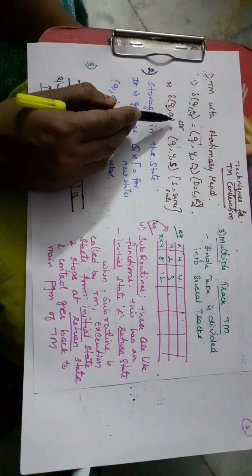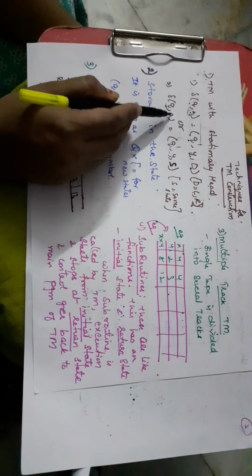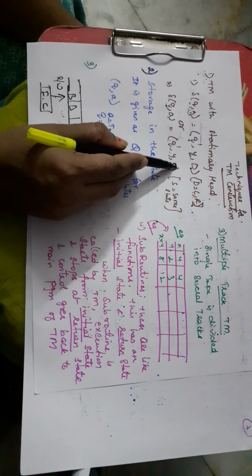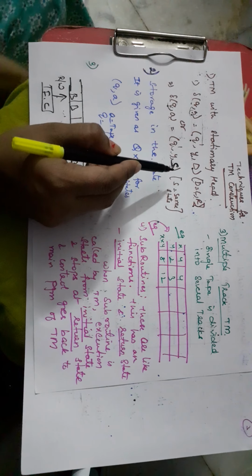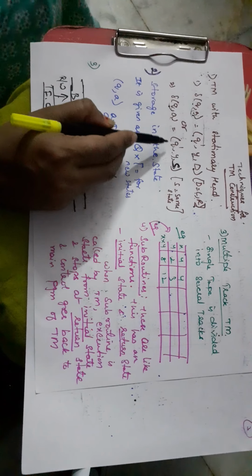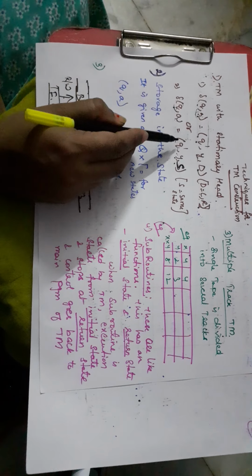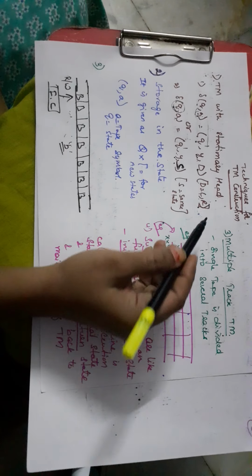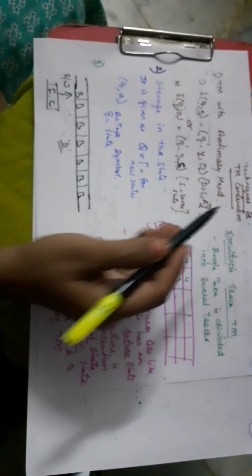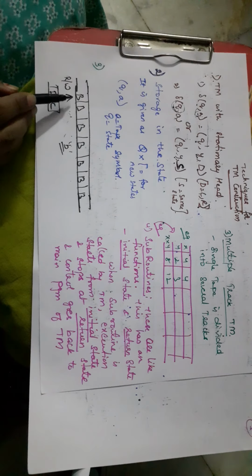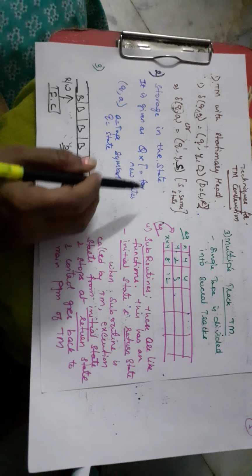This indicates that if you give A, this will be the transition, but we are going to be in the same state. We are not making the read write head go to the next state. If we move, this will be the transition, but we are in the same state Q. So, this is about the stationary head. The head can either move or you can make it a stationary head.